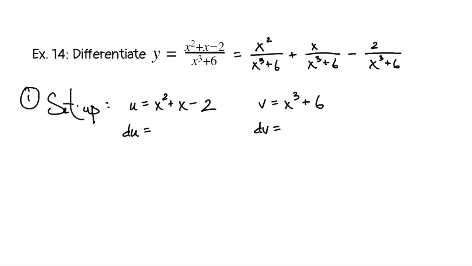Yes, 2x plus 1. So we're going to bring that power down: x to the power of 2 minus 1 is 1, plus the derivative of x is 1. The derivative of negative 2 is going to be 0. I'm just going to write the 0 so that we can see that each one changes: x squared becomes 2x when I take the derivative, x becomes 1, and 2, when I take the derivative, I get 0.